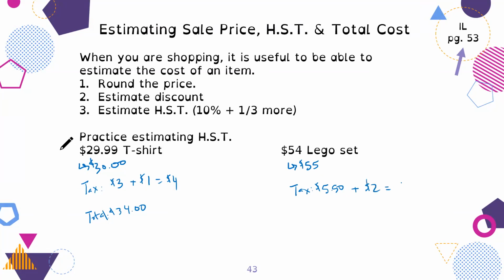So I'm going to say that that's roughly $2, and so $7.50 is my tax. So my total would be 55 plus $7.50, which is going to be $62.50. Again, we're estimating. It's okay if it's not exactly right. It's okay if you estimate it differently. That's fine.